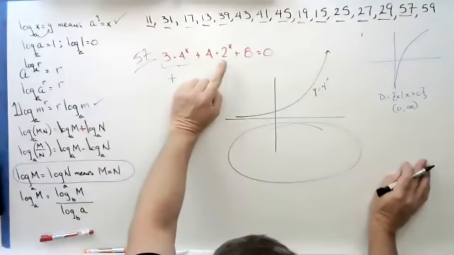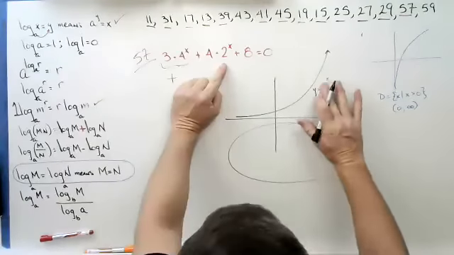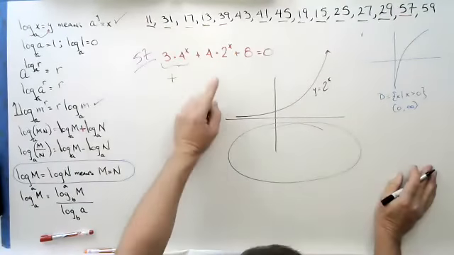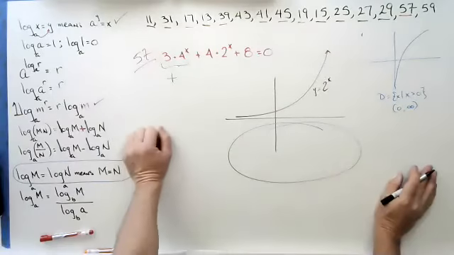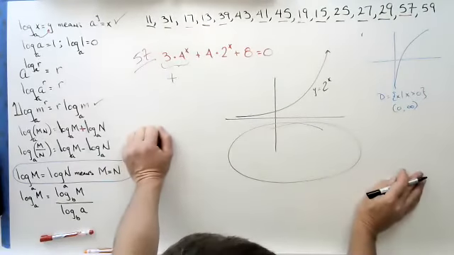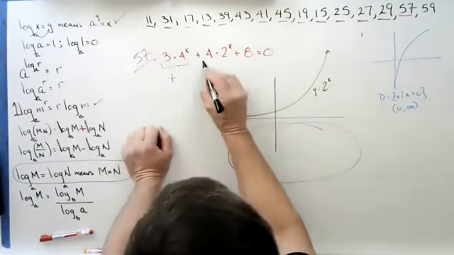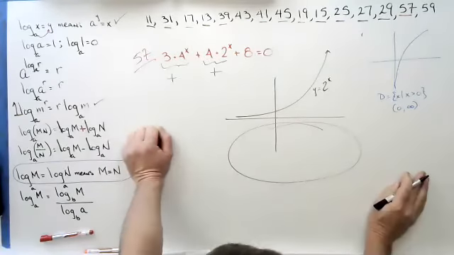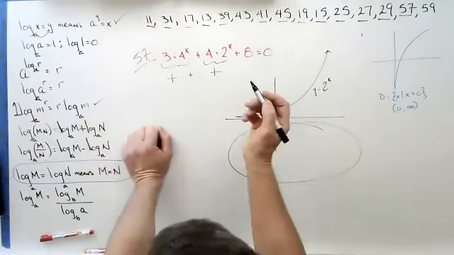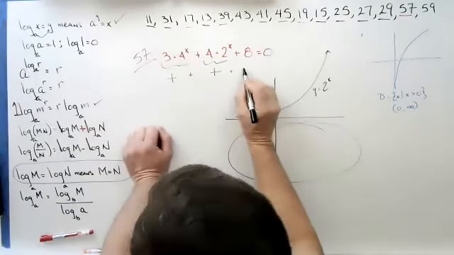Then Michael said raise 2 to a power. Well, funny thing, if I erase this, I can act like that's a graph of 2 to the x. And I can say, do you notice there are no negatives? And then Michael said multiply by positive 4. Well, positive times positive, this is positive. So Michael said, add two positive numbers together. And then while you're at it, add positive 8.